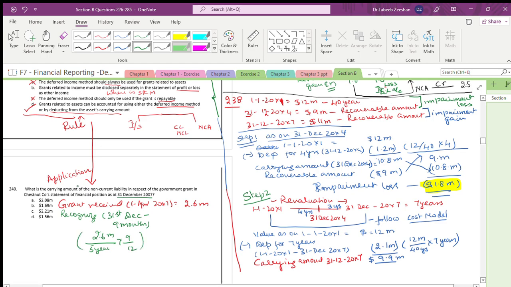How much do you get? 0.39. The difference is 2.21.